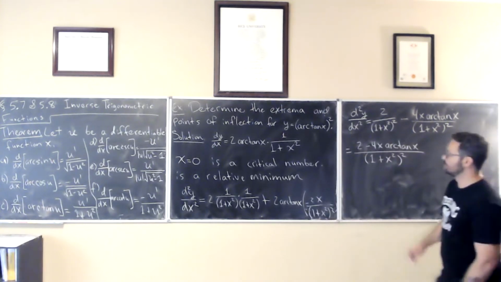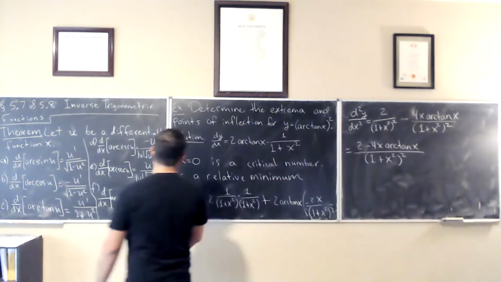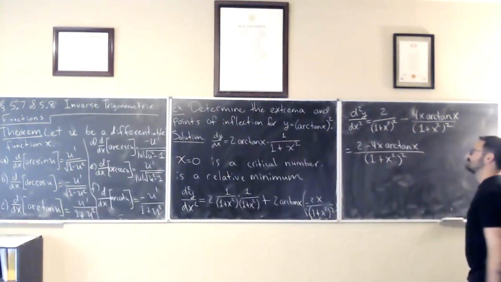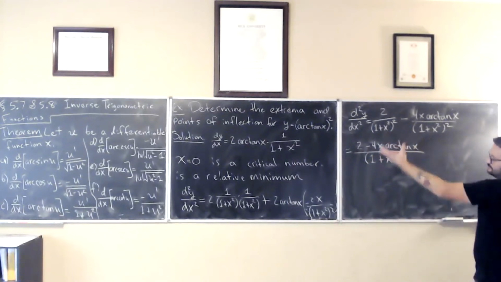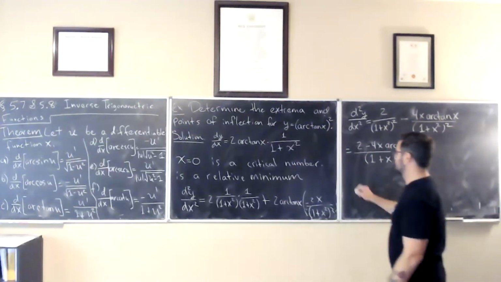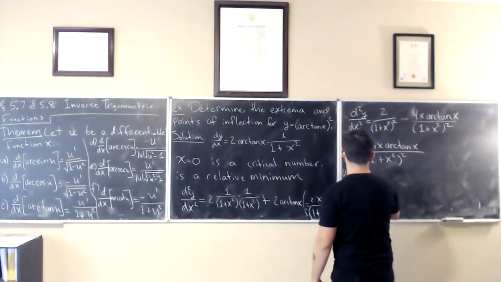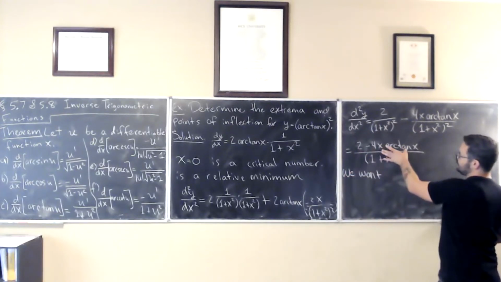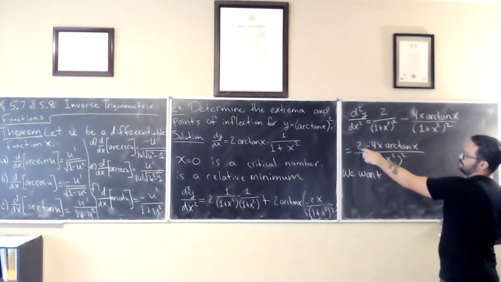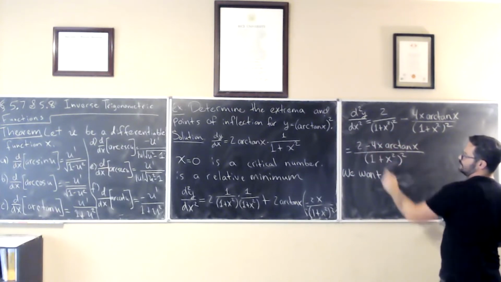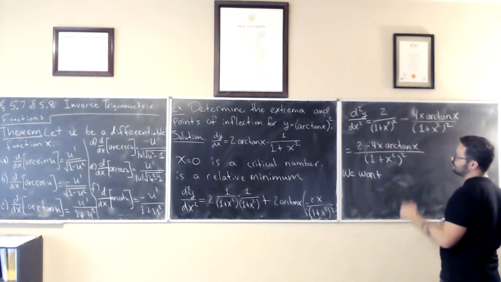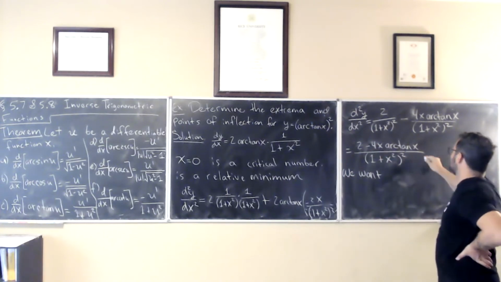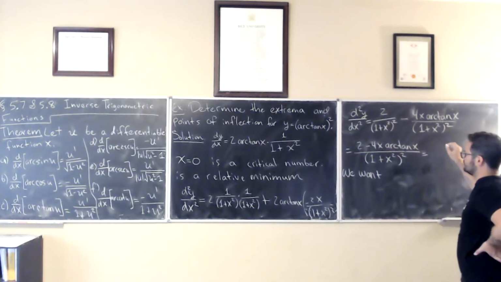Okay, so we need to determine when this is equal to 0 to find the points of inflection. Now, in order for this to be 0, the numerator needs to be 0. So what do we want? We want this to equal 2. If this equals 2, then we're done. Or I might just make it look nicer.